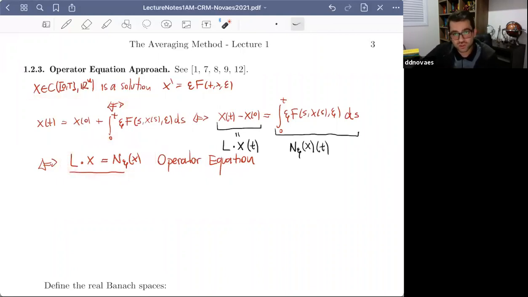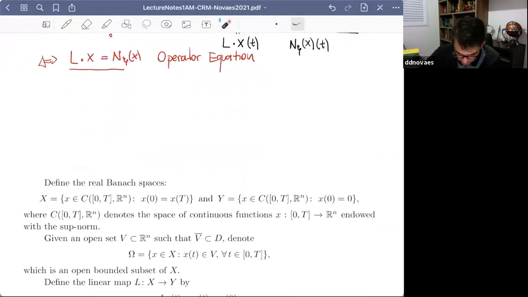Then in order to investigate the periodic solutions of the difference equation, we just have to state suitable spaces where these operators are defined. So that's what I'm going to do right now.